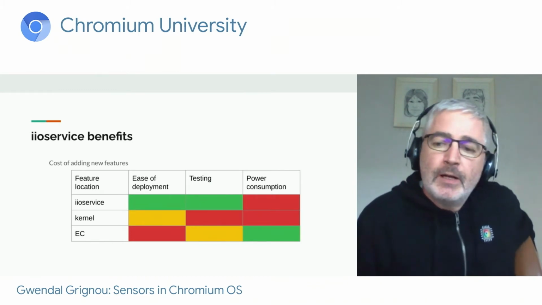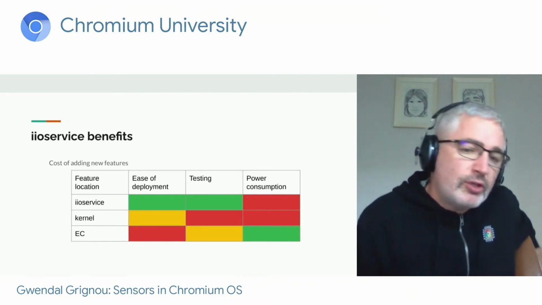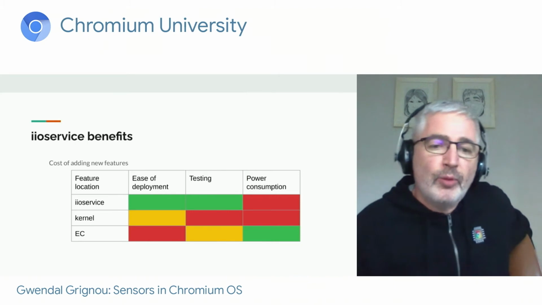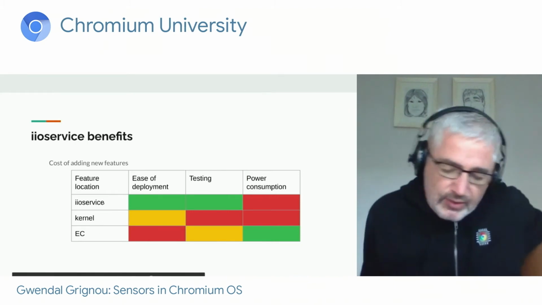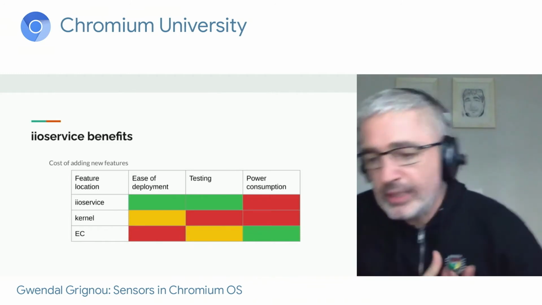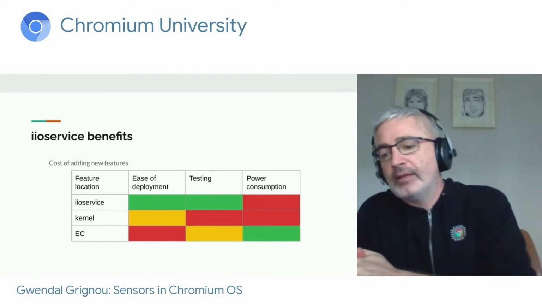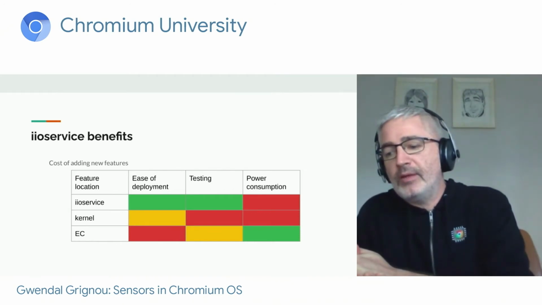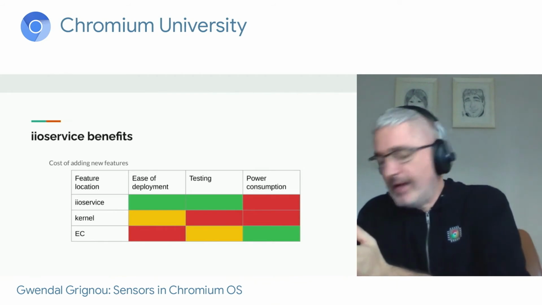When we add a new feature, we could add the code in 3 different places: the embedded controller, the kernel, or the IO service in user space. Adding it in the embedded controller is nice if the new feature will only be deployed for new devices.